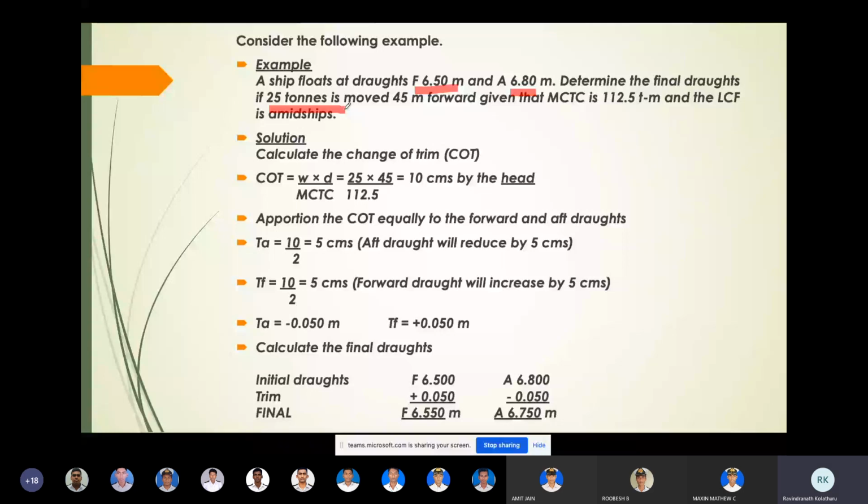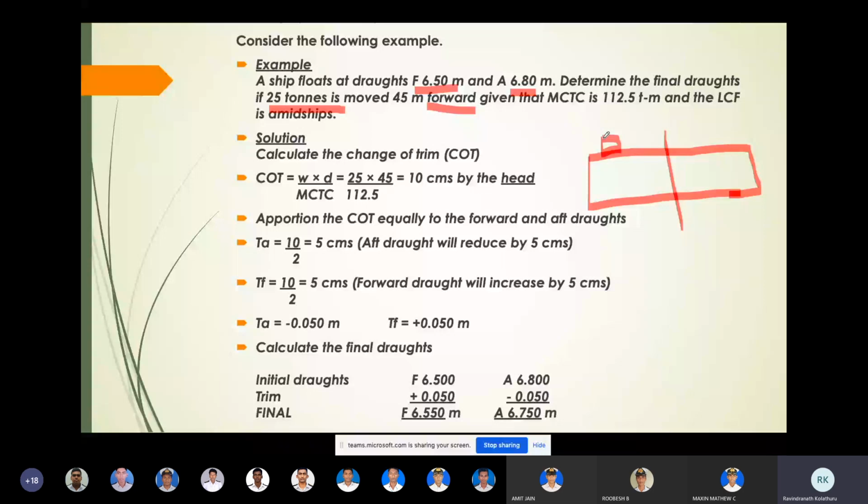Okay, so you can draw a box shape vessel, and let's say this is my midship. Here the initial drafts are given. 25 tons is moved forward, means the initial weight is at this turn and it is being moved forward.